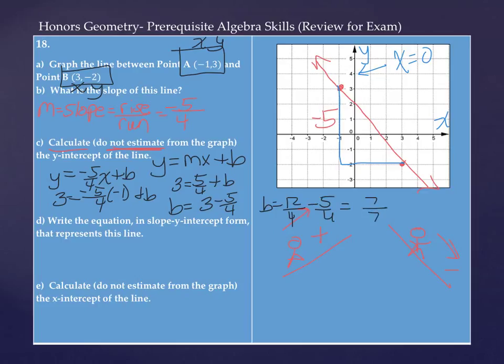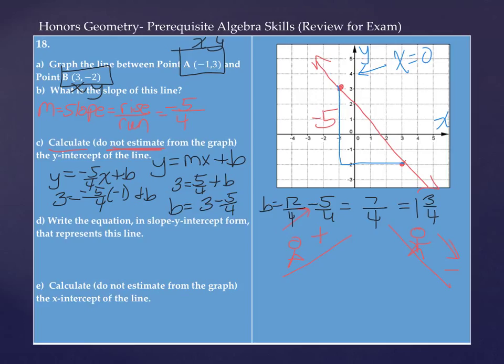So I've got a y-intercept of 7/4. I made a little mistake here. 7/4, positive. 7/4 is less than 2, but greater than 1. So it's 1 and a remainder of 3, so 1 3/4. You can see up here from my sketch, it's not very good because my line appears to be greater than that.